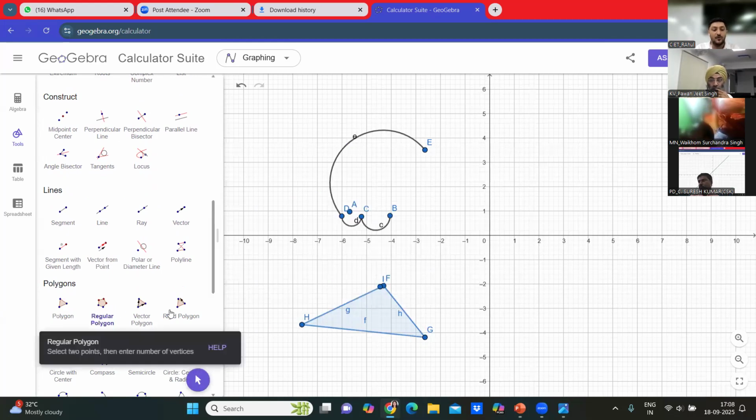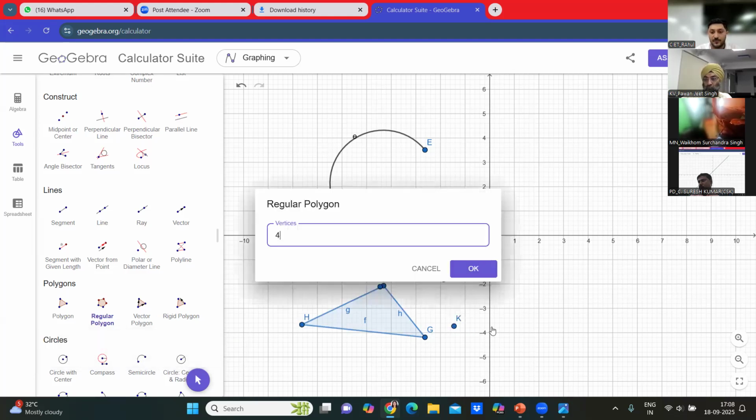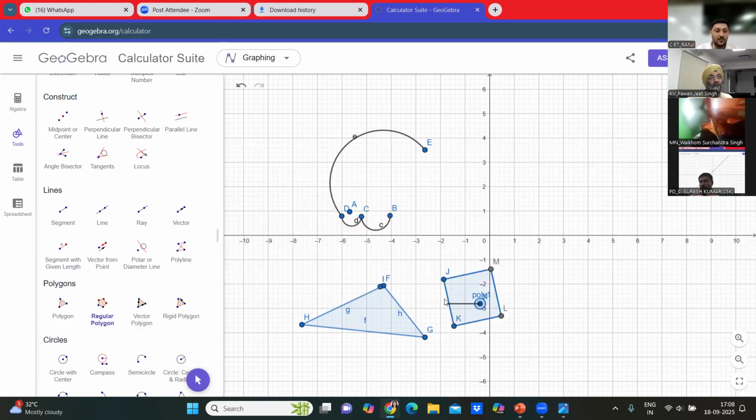If we want a regular polygon, select 2 points, then the number of vertices. 4 vertices, and we got a regular polygon.